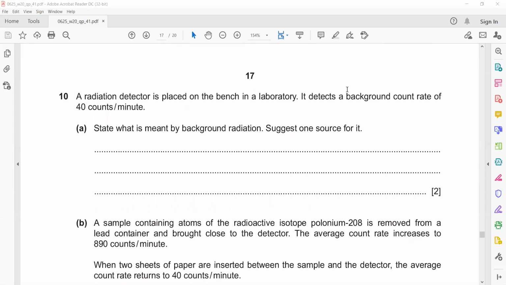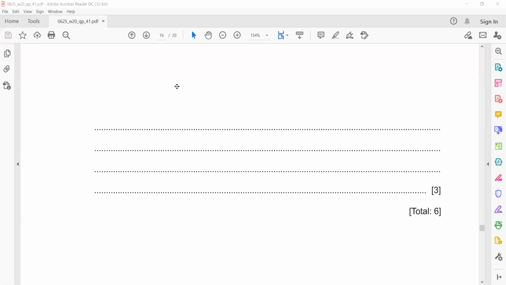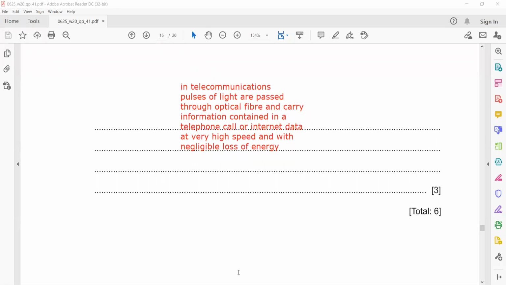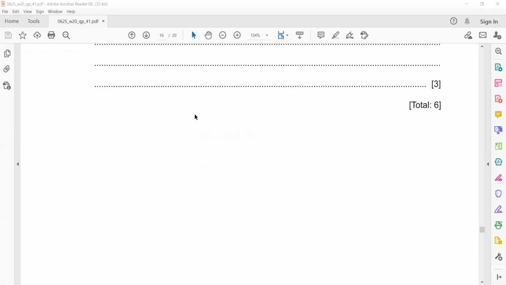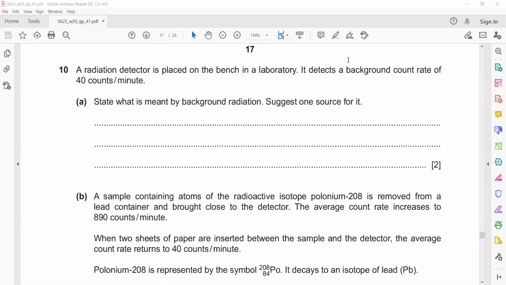A radiation detector. In this question, a radiation detector is placed on a bench in a lab. It detects a background count rate of 40 counts per minute. It asks what is meant by background and to suggest one source.